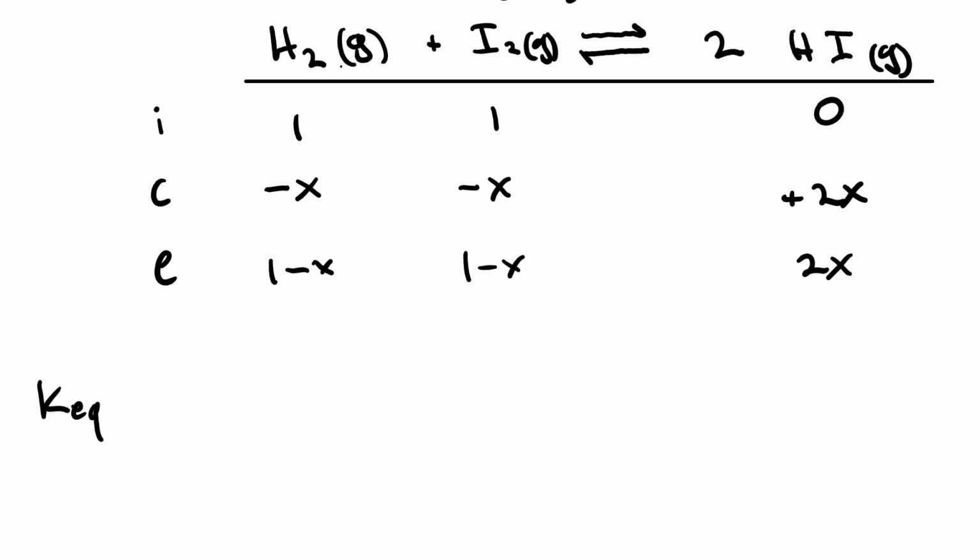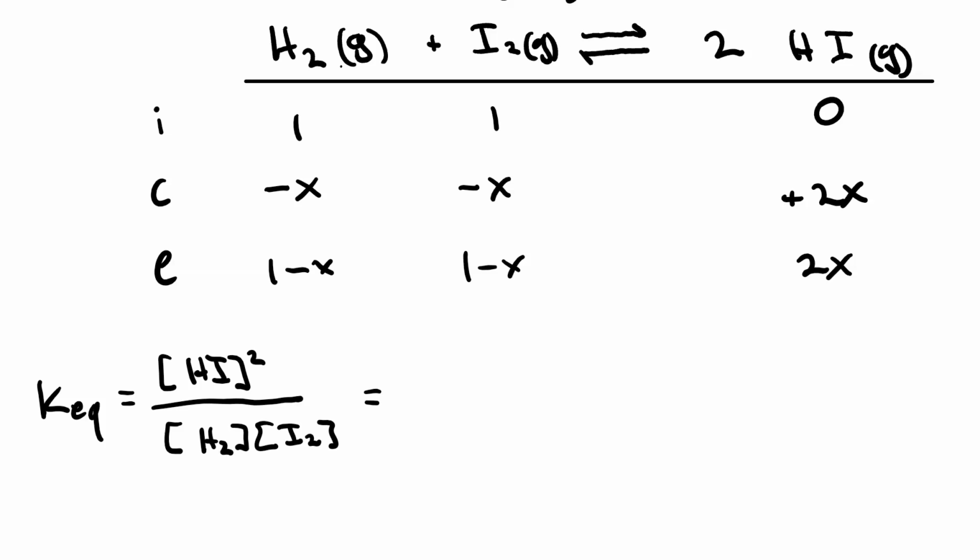So, our equilibrium expression is concentration of products raised to their coefficients over concentration of reactants raised to theirs. We're going to have, on top, the concentration of HI squared. On the bottom, we will have the concentration of H2 times the concentration of I2.